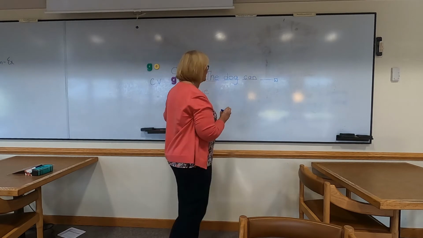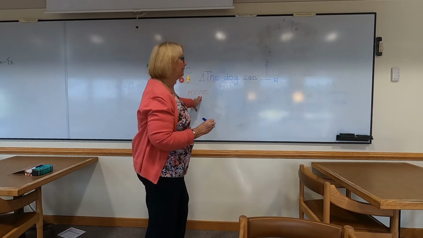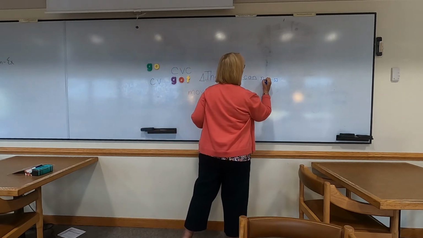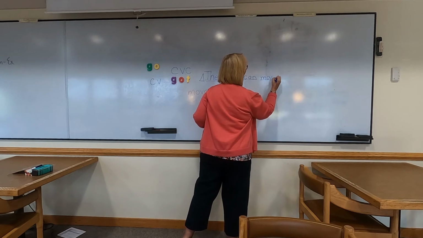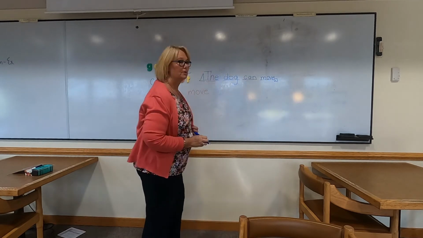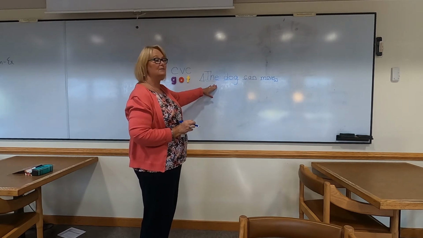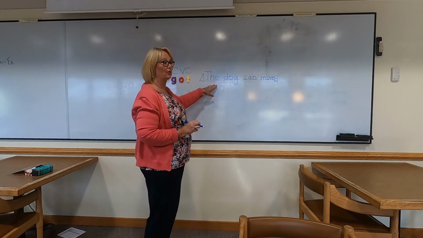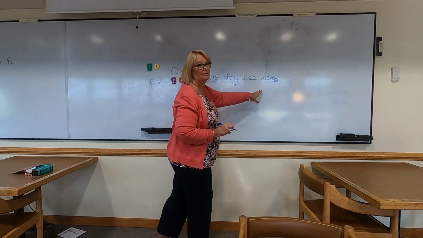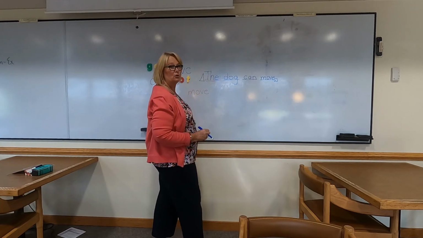And I know it's my sight word for the week, so that's easy enough to write in my sentence. Does your sentence look like this one? If it doesn't, make sure you make changes so that your sentence looks just like this one. And read it to yourself.